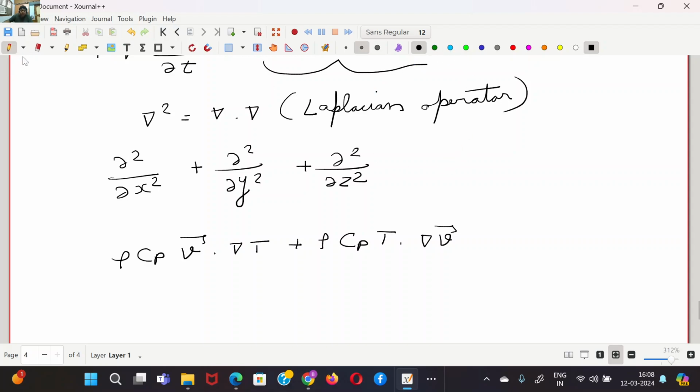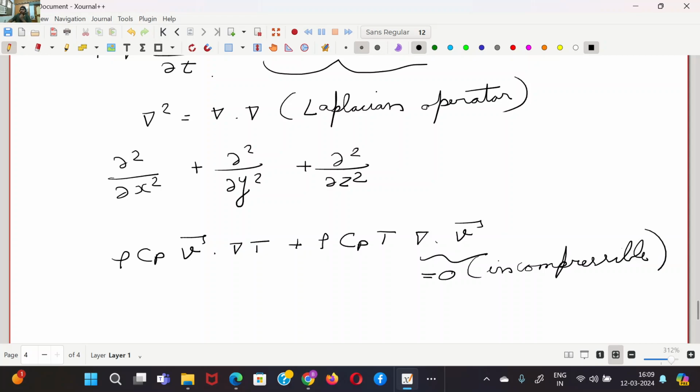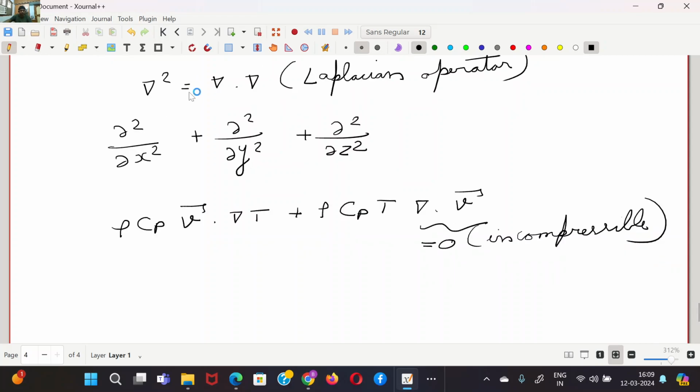From vector algebra, and for the incompressible case, we know that this is equal to 0. What are we left with?